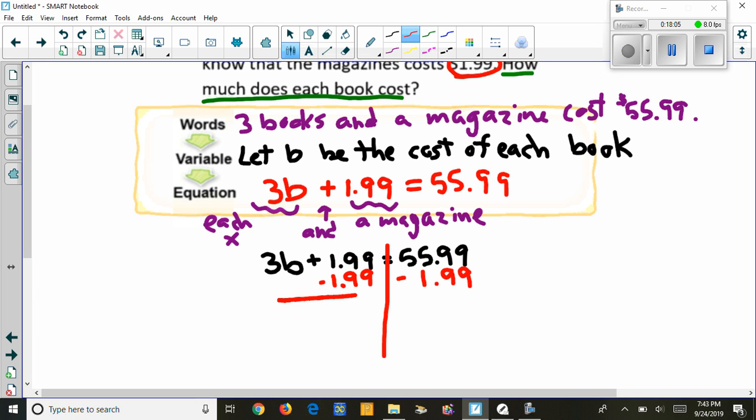I put the minus $1.99 underneath the plus $1.99. That is important. It helps us remember that that is where I'm subtracting. And now I'm going to bring everything down. The 3B is not being changed. I'm going to bring it down. The $1.99 is now gone. And it is equal to, well, now I need to subtract. This becomes $54. So again, step 1 was we subtracted.